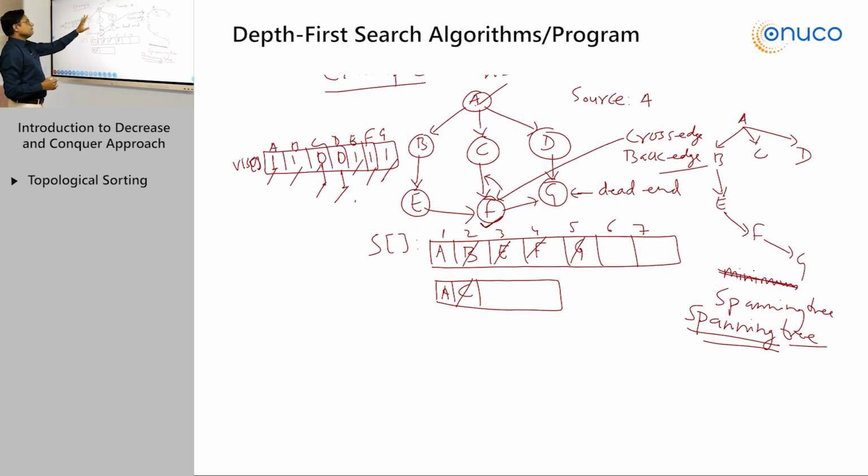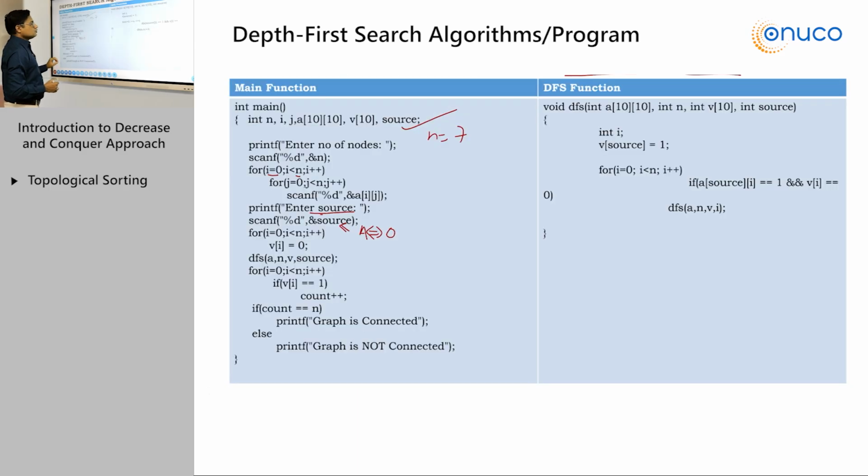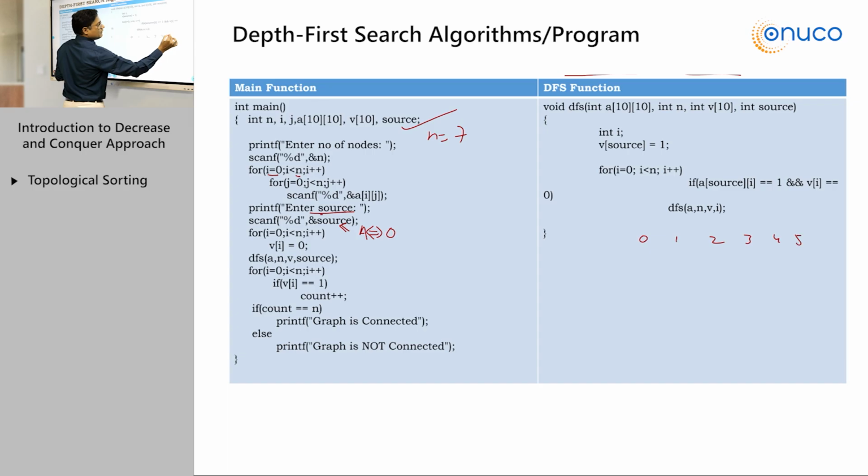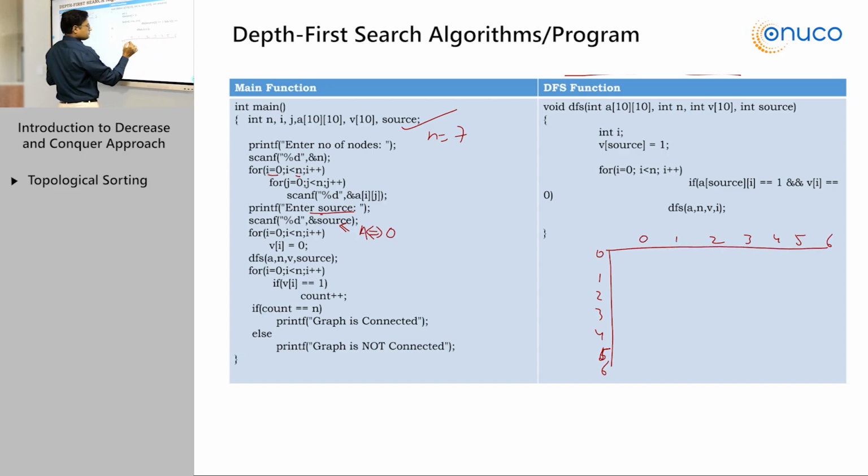If this is the example, A to B, B to C, C to D, D to E, E, F, G, there are 7 vertices. So if you are going to write how it looks, A is 0, 1, 2, 3, 4, 5, 6. Right? So these are the vertices, and we are going to write the adjacency matrix.